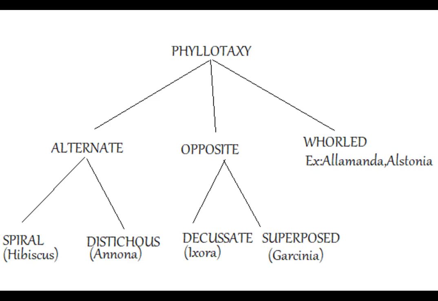In decussate, adjacent pairs arranged right angles to each other, whereas in superposed they are arranged one above the other. Example for decussate phyllotaxy is Ixora and that of superposed is Garcinia. Allamanda and Alstonia are examples for whorled phyllotaxy.